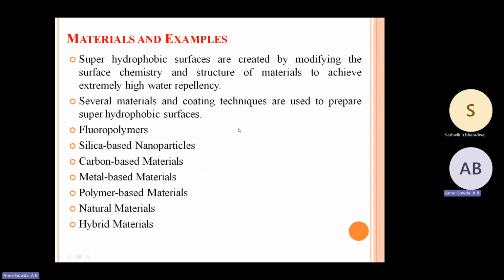And as I said, when we want to mimic the lotus leaf effect, those surfaces will be coated with certain materials, like fluoropolymers, silica-based nanoparticles, carbon-based materials, metal-based materials, polymer-based materials, natural materials, and hybrid materials. So when those surfaces are coated with these kinds of materials, you can convert them from hydrophobic into super hydrophobic in nature.